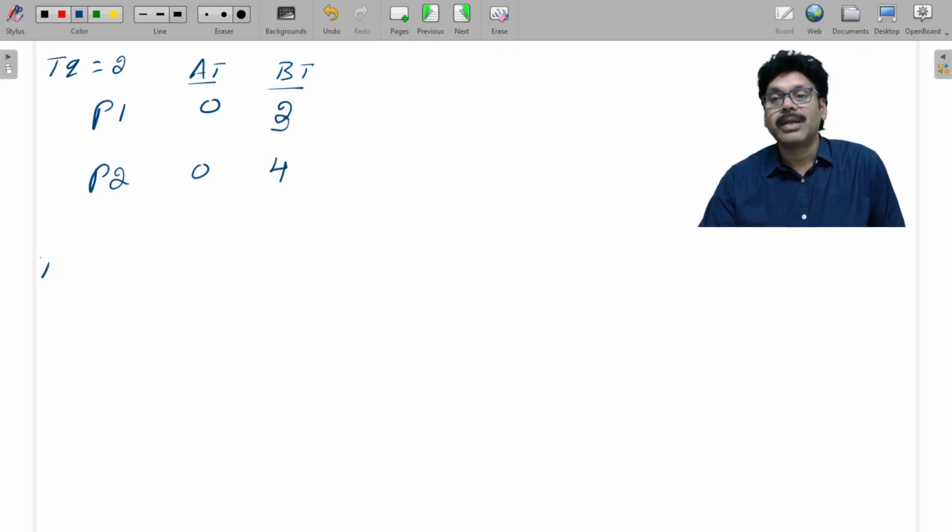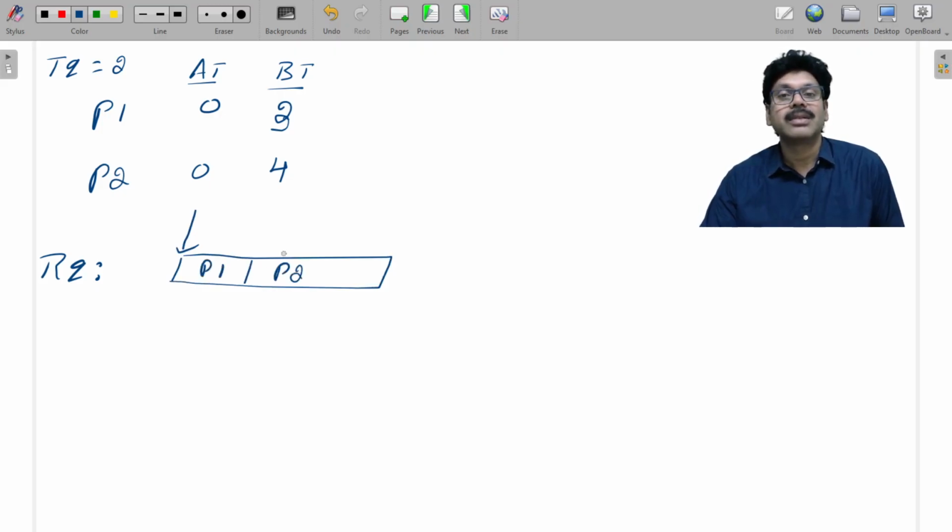Initially both processes have come at arrival time 0. Then the ready queue contains the jobs, P1 and P2. Now P1 is executed for how many units of time? Up to the time quantum, you can't take more. Then it gives a chance to P2.